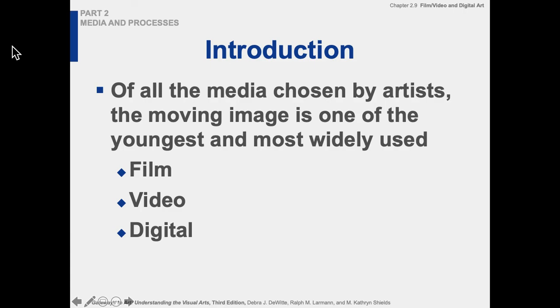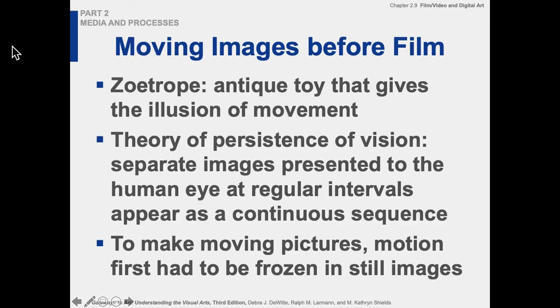So before we get into moving pictures, we're going to backtrack a little bit into images that look like they were moving with the zoetrope, this antique toy, and it gives the illusion of movement. And if we go back to chapter 1.5, it talks about motion and the persistence of vision, the optical illusion that something's moving, because our eyes sort of connect two things together.